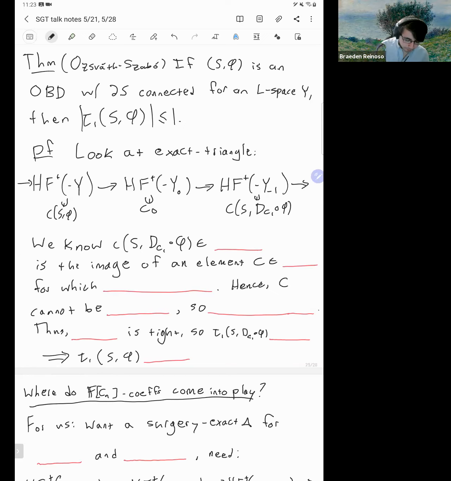And now we know that this contact class where we add a single Dehn twist along our connected binding is the image of some element. Sorry, this should be c0. And I didn't say this before, but it turns out that the U action is trivial.